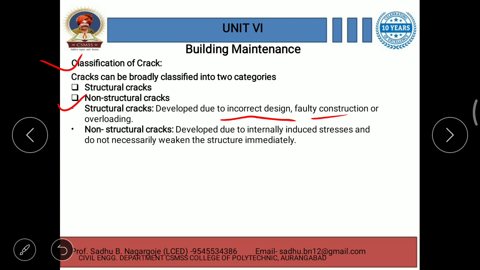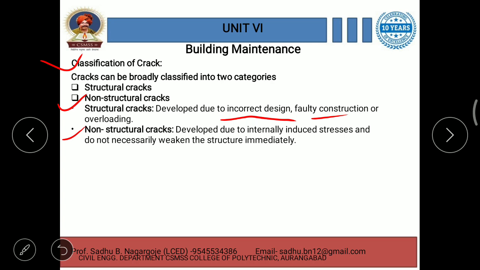Obviously, structural cracks develop due to incorrect design, incorrect loading or overloading, and faulty construction. All these causes are directly concerned with structural cracks. Then non-structural cracks are developed due to internally induced stresses and do not necessarily weaken the structure immediately.